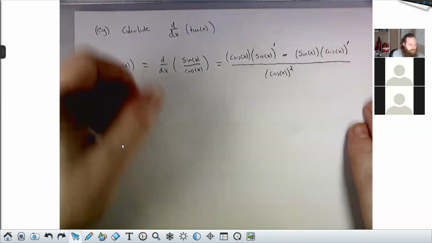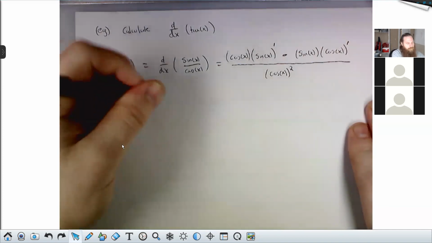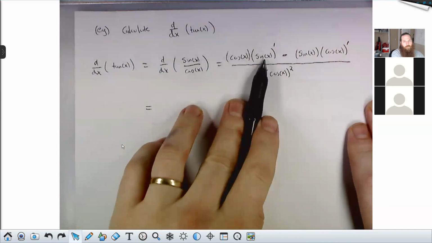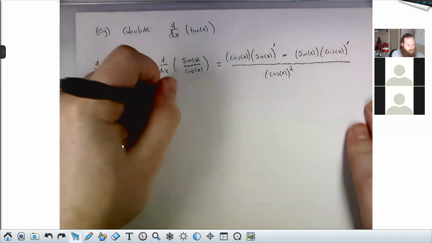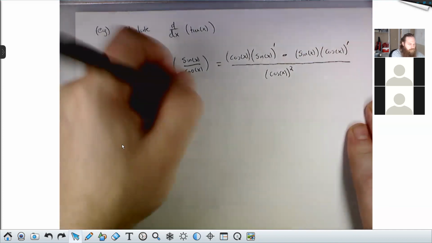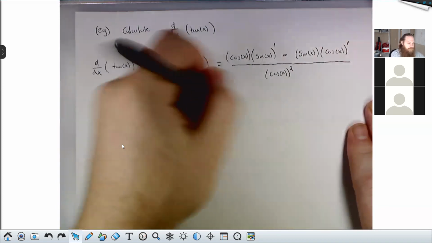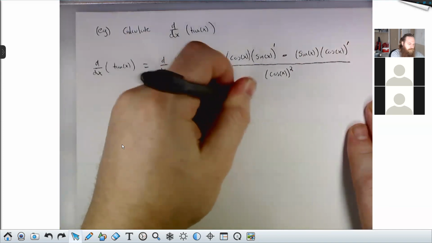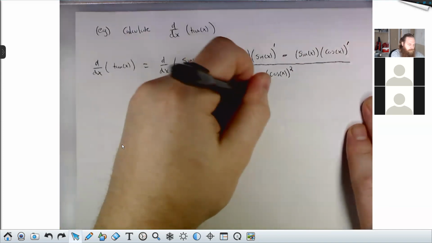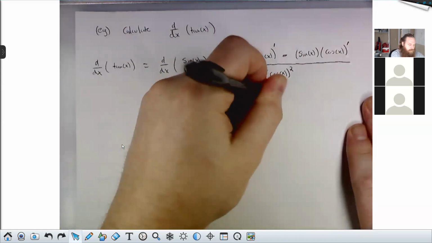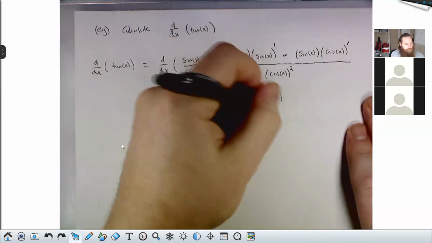Now I just plug in the pieces. This is cosine times the derivative of sine, which is cos x, times cos x, minus sine x times the derivative of cos x, which is negative sine x.